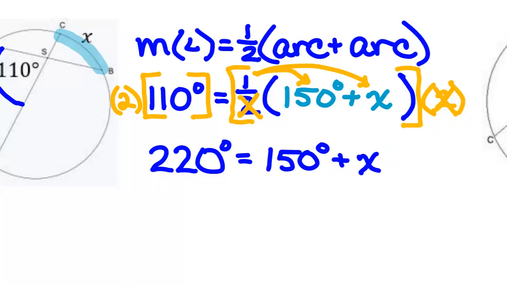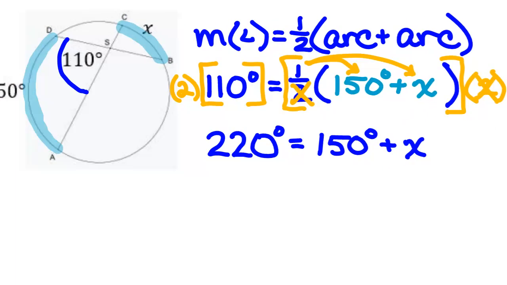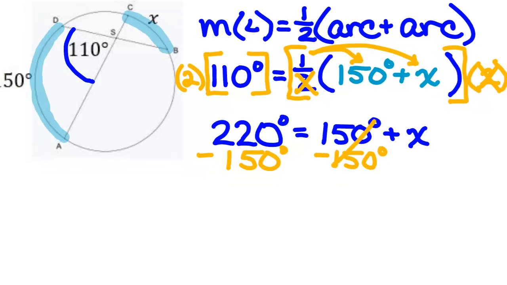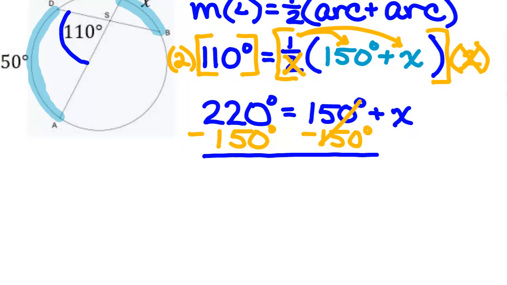And then we're going to subtract 150 degrees from both sides. What is 220 minus 150? 70. So 70 degrees for x.